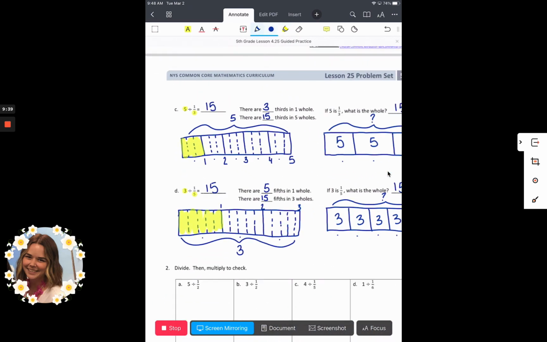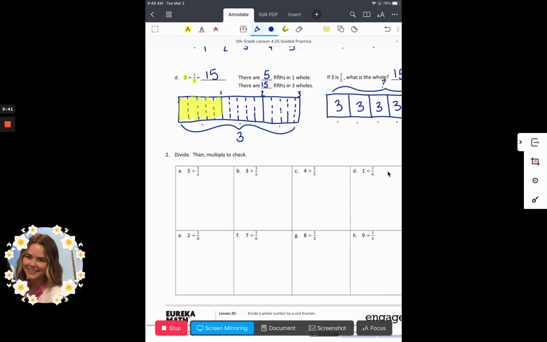So the other way that we can think about this, or that we can divide by a fraction, is we can multiply by the reciprocal. So what that means is, the way that I like to remember it, is keep, change, flip.